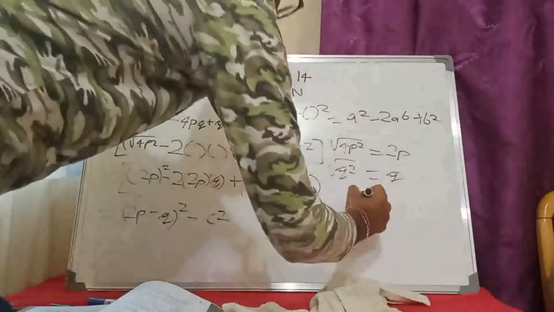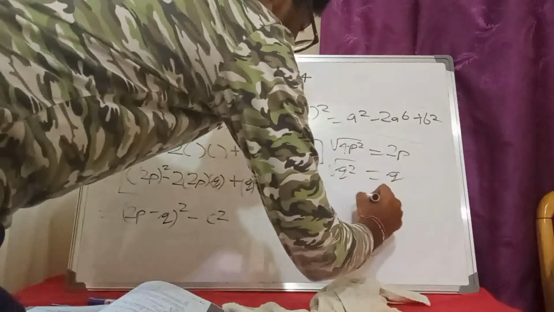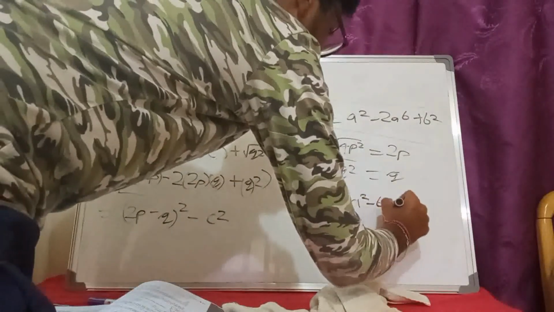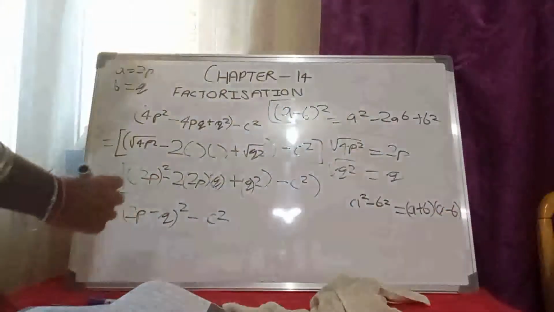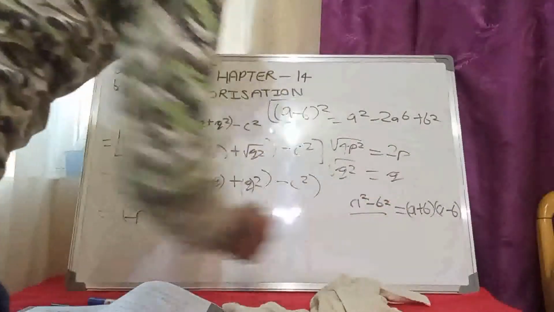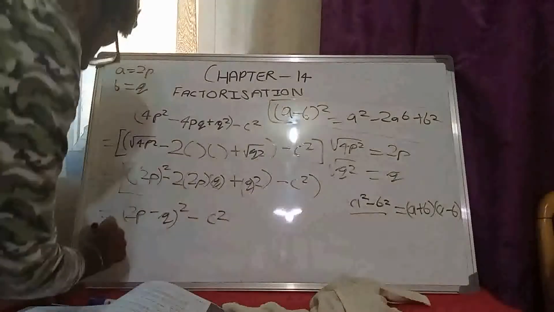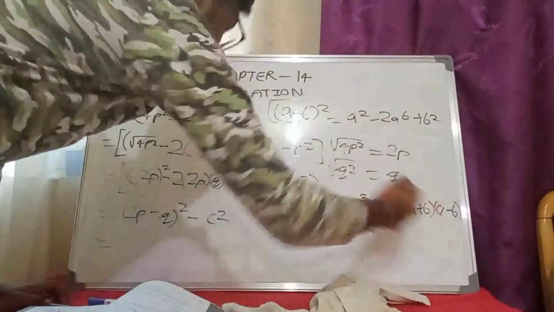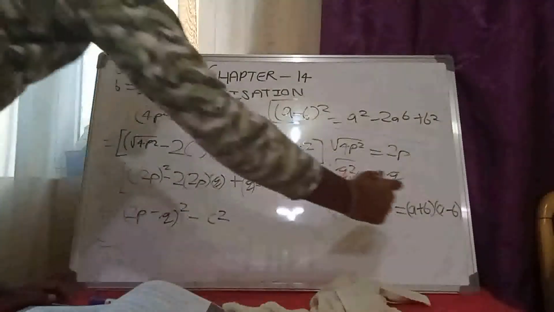Now this expression, (2p minus q) square minus c square, is in the third identity, that is a square minus b square, which will be equal to a plus b into a minus b. So now we can see that (2p minus q) square minus c square is in the form of a square minus b square. So we know that a is 2p minus q and b is c.